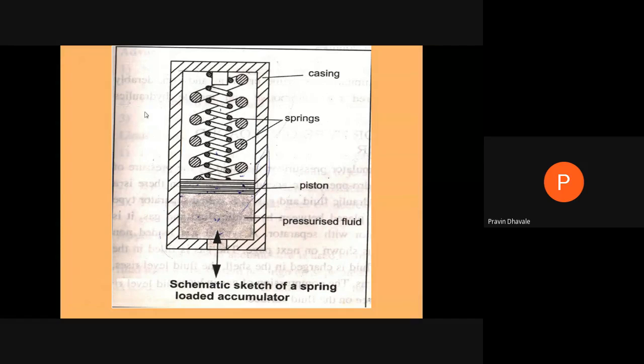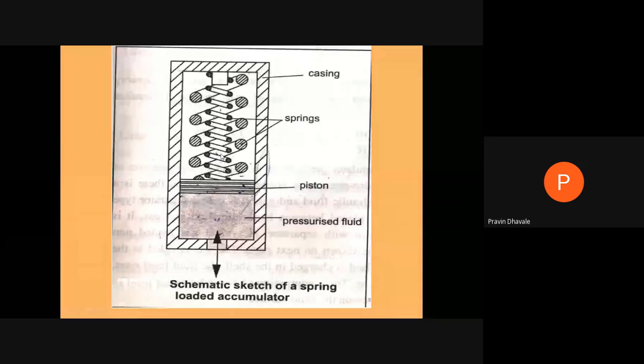Now, what is the limitation of this accumulator? We cannot provide a uniform pressure by using the spring. As the pressurized fluid is supplied to the actuator, what happens when this piston is at the uppermost position? At that time, the fluid within this accumulator has a pressure of near about 100 kilopascal, right?